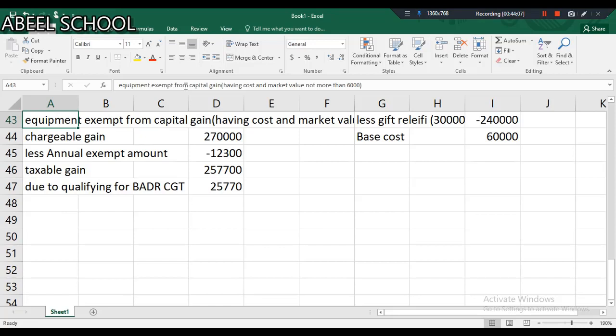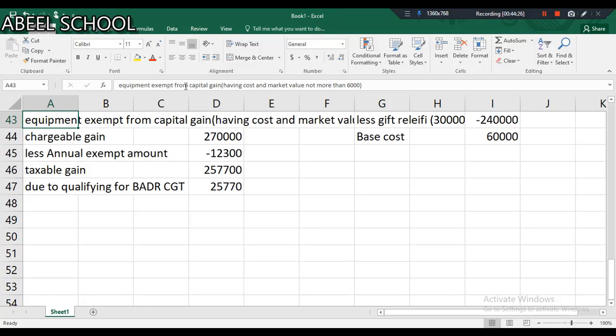And since the goodwill is having the cost 0, the entire 40,000, the market value of the goodwill, will result in capital gain. On that capital gain, obviously we have to pay 10% CGT as well, due to BADR.